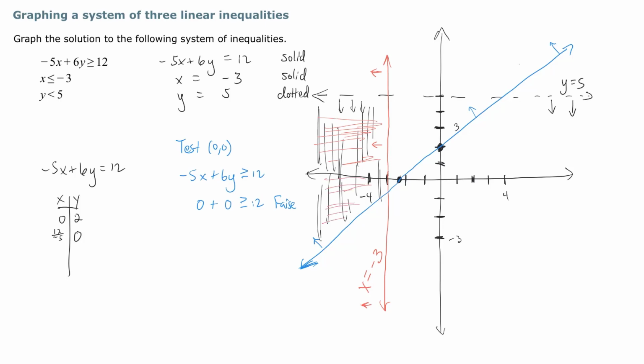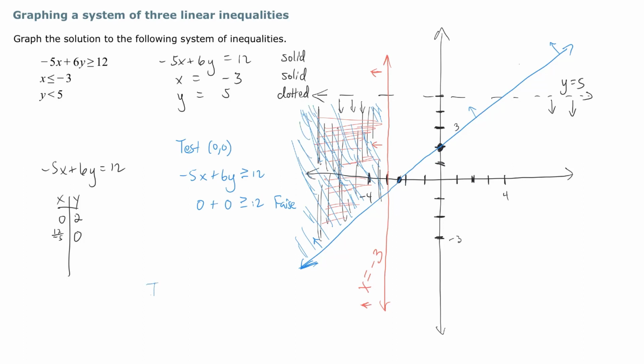And there's some blue, right? And there's some blue because of that little blue arrow right here. It says to go this way. And so where all of them are true simultaneously, that becomes the set of solutions to this system of inequalities.